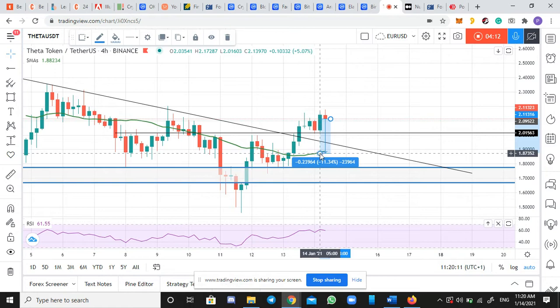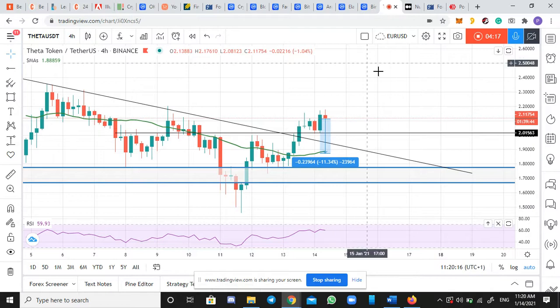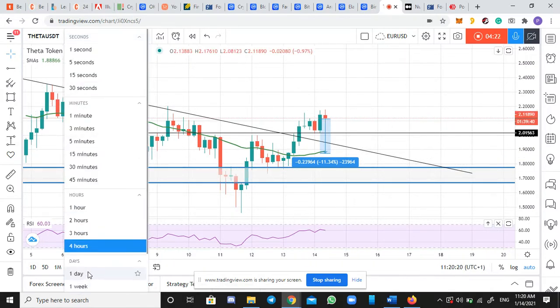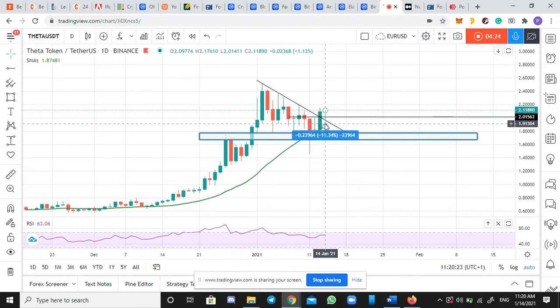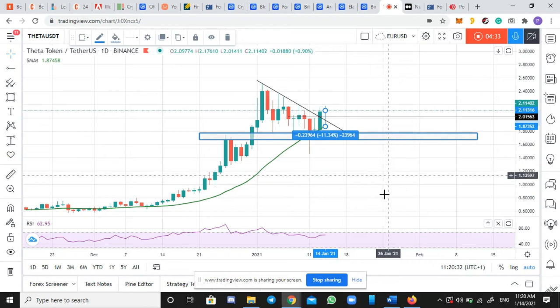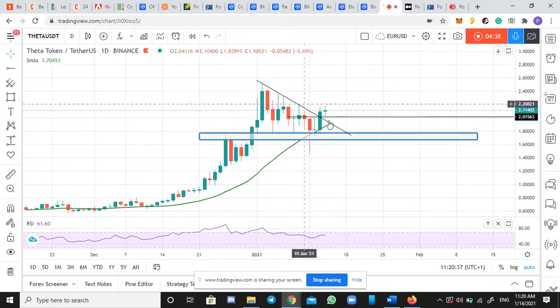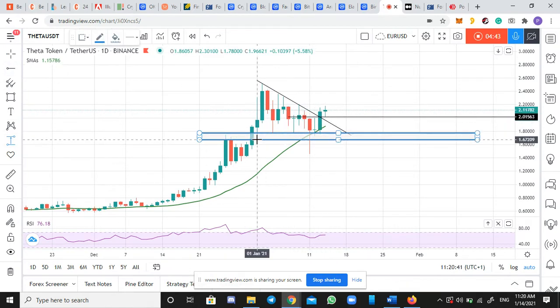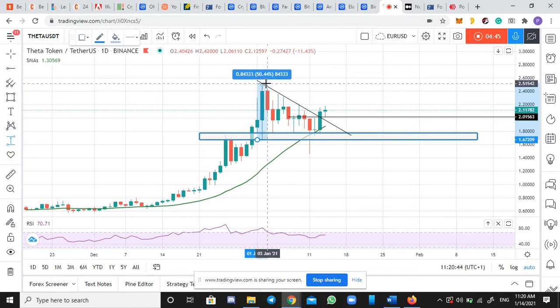So I'll be giving it a little bit of space. I'll be putting my stop for this on the daily at about 11.34%, so that is 1.87 USDT for my stop. And for TPs, for a descending triangle like this, this is how the measure rule works.